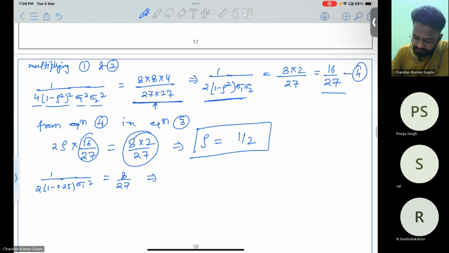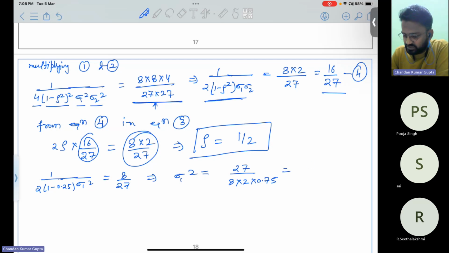This implies sigma 1 square is 27 upon 8 into 2 into 0.75. And after these calculations, it is 27 upon 12, then 9 by 4. So it is 9 by 4.